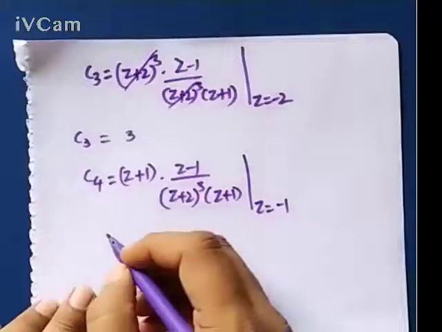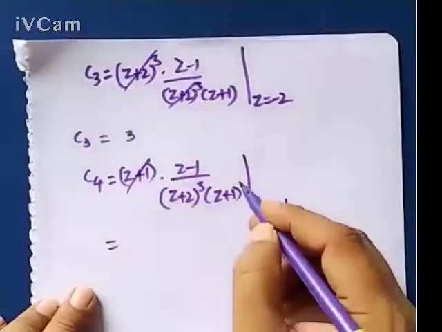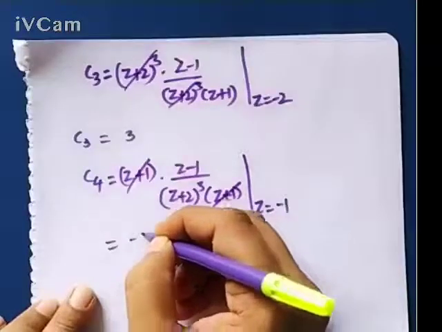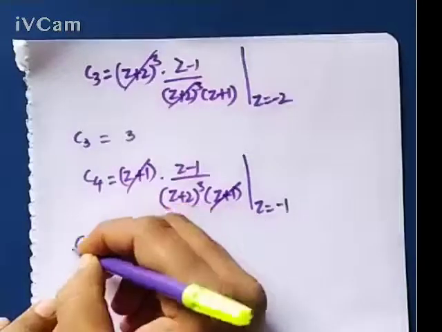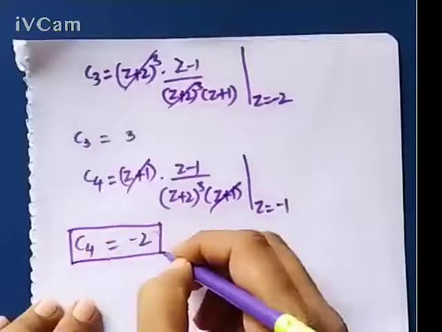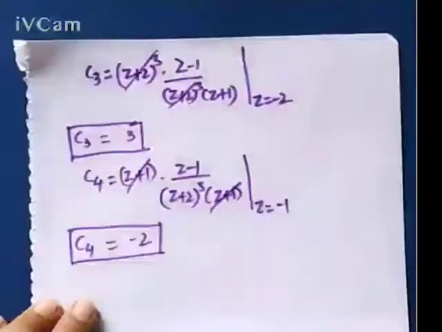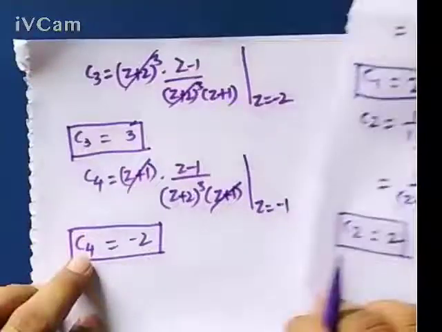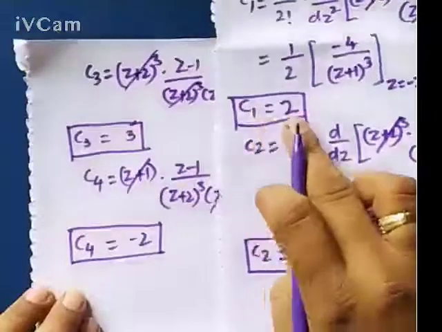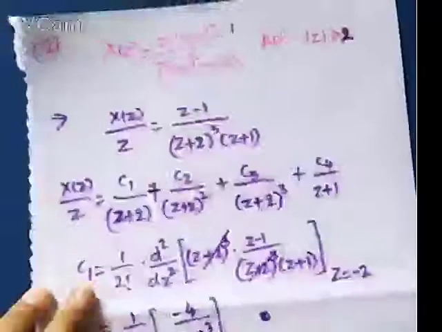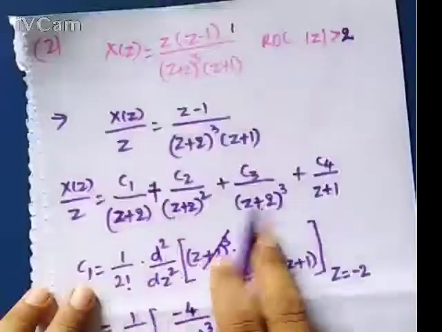Okay, so if you substitute this, these two get cancelled, minus 1 if you substitute, that will get us C4 as minus 2. So now I have all the coefficients, C1, C2, C3, C4. We need to substitute them in this equation.